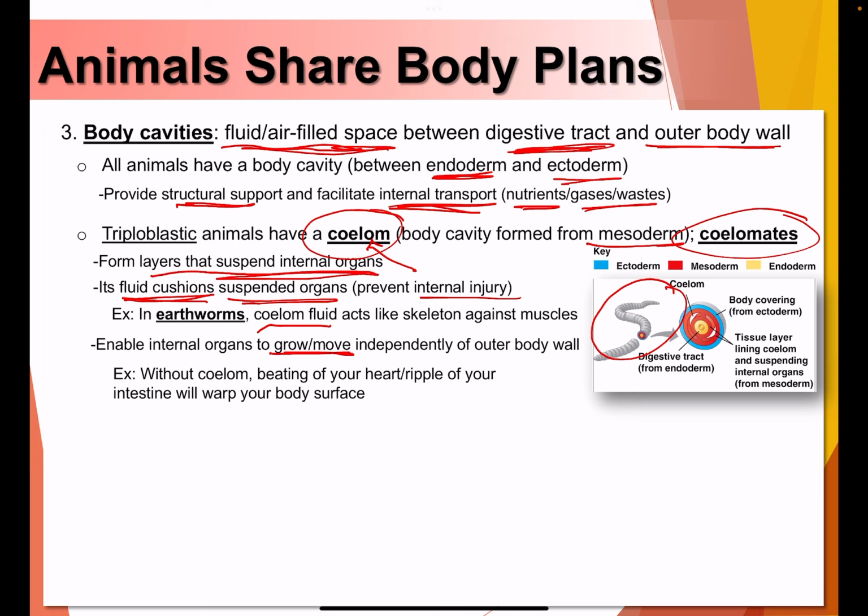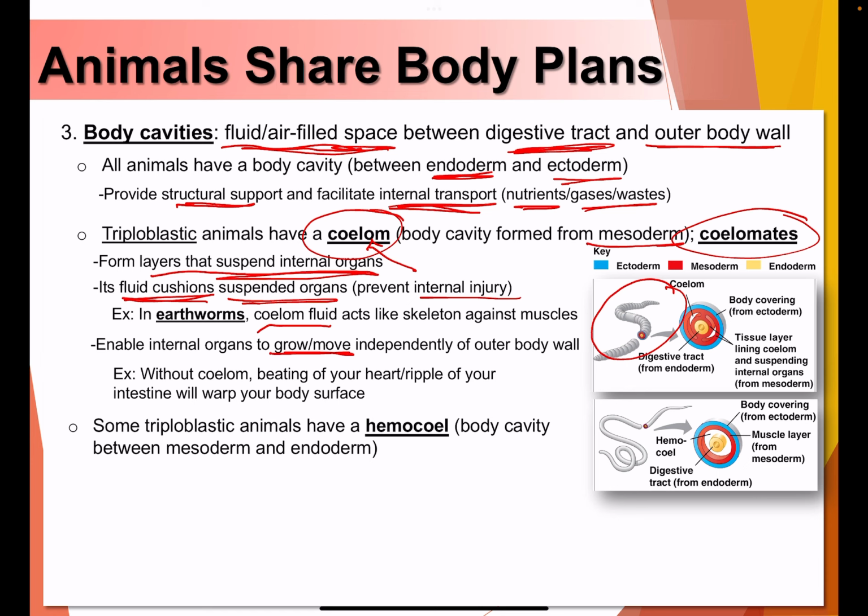Every time it beats, you might see your skin moving around that area, indentation and protrusion as your heart moves, or when your intestine is moving, your abdomen moving. But all of that is contained within your body cavity and by your coelom, such that they don't warp or change your body surface with rippling that you would be able to see if we didn't have them.